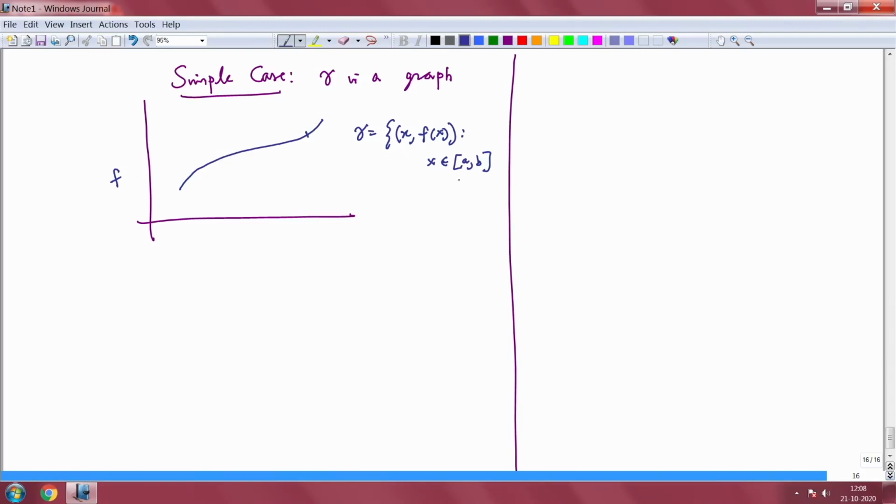So, every point on this curve gamma, I want to measure the length. This is easy. I take a point here, and a point close by, x plus delta x.